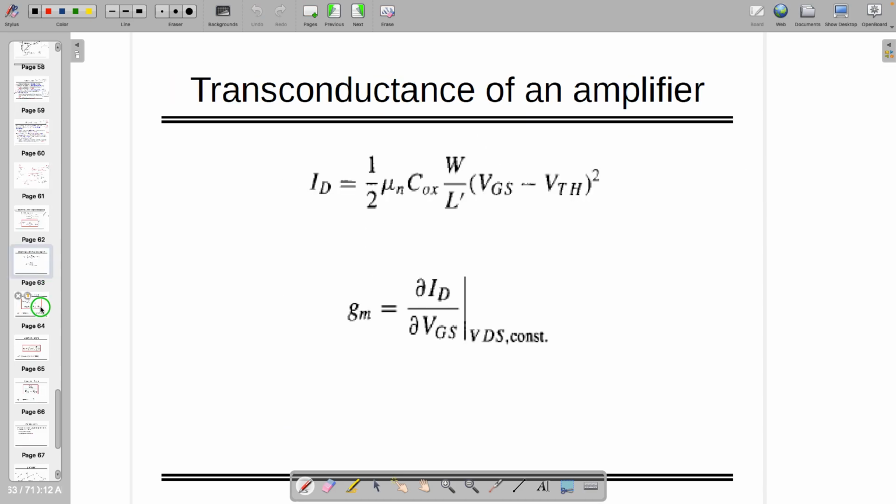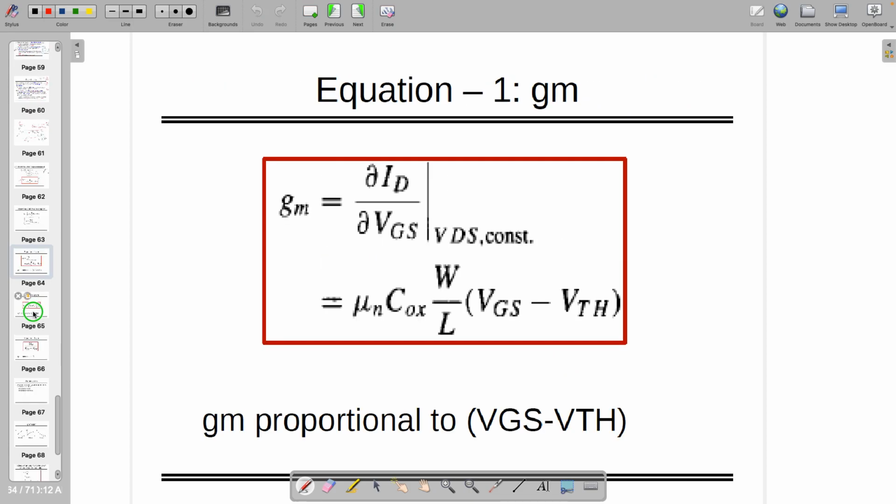Right? Am I going fast? Because these are very simple, so that I can go directly to the amplifier after completing this. That's why I'm going a little bit fast, but if you feel it is fast, then let me know. So GM is del ID by del VGS. That's going to give you this equation, mu on C ox W by L, VGS minus VTH. So here, this is a very important thing, that GM is proportional to VGS minus VTH, right?